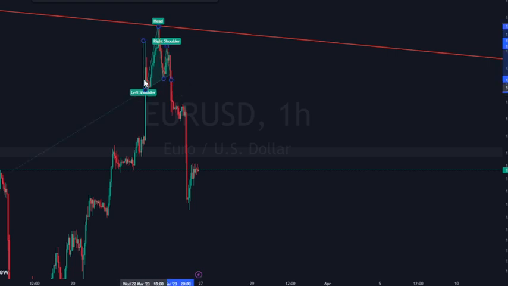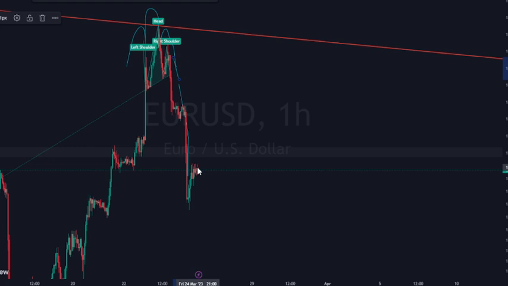Yep, this left shoulder. There we go. Yes, as you can see, this nice head and shoulders reversal at the high of the pattern, and also gave us a strong impulse to the downside.